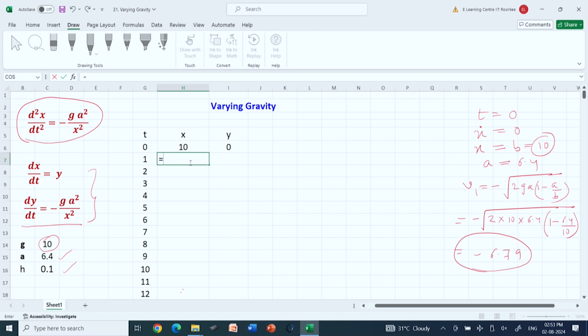So, this x is equal to x plus h, which is a constant, so I put a dollar sign, multiplied by y, which is this value.